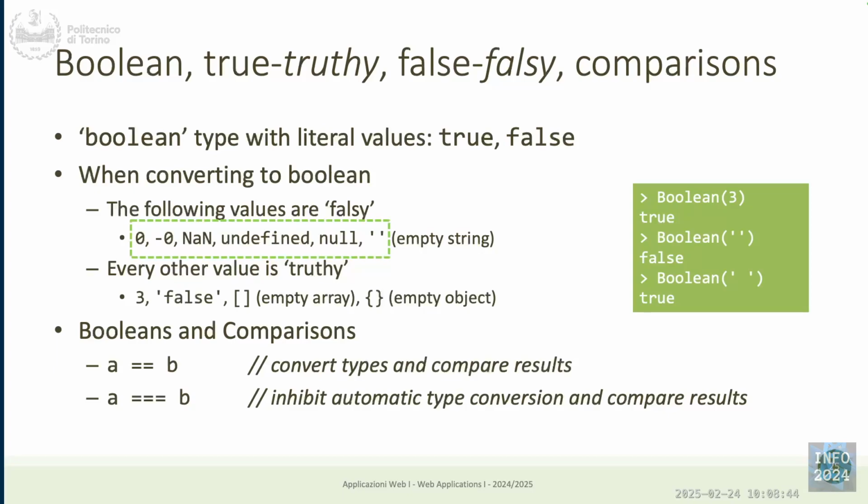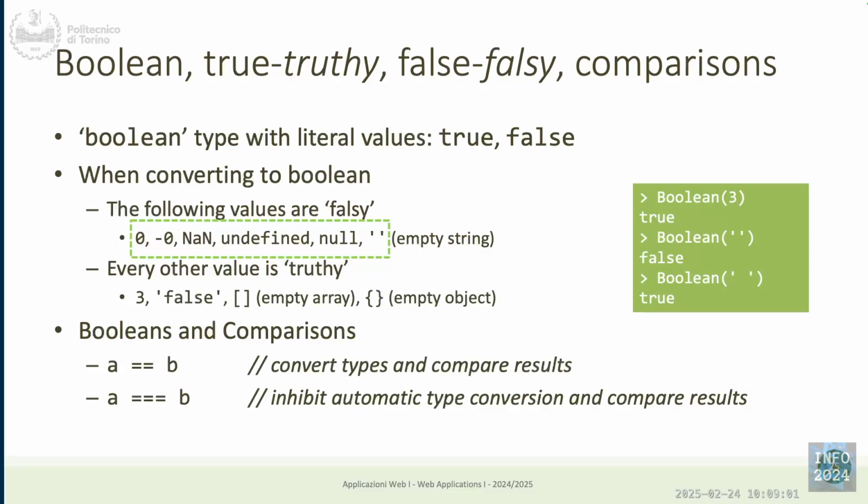So JavaScript is doing really a lot of automatic conversions. Whenever we have one value of a type and the language, at that point, needs a value of a different type, first of all, it will try to convert it.